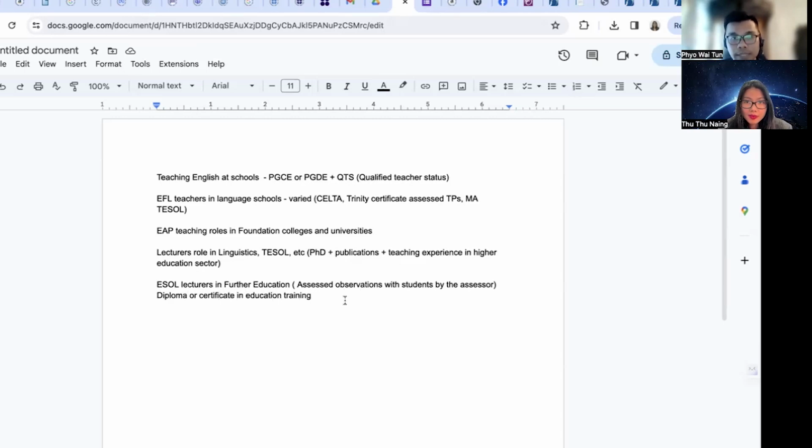We might have to do some assignments and some practical teaching. So it's not an advanced qualification we have to have in advance, but it's a necessary qualification if you want to work long term in the FE, further education, sector.